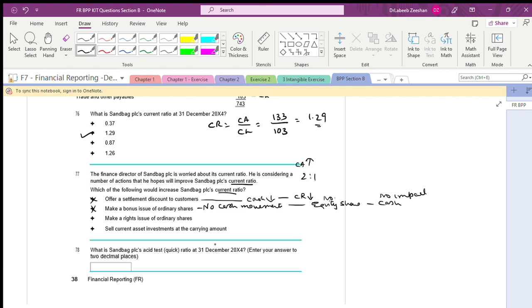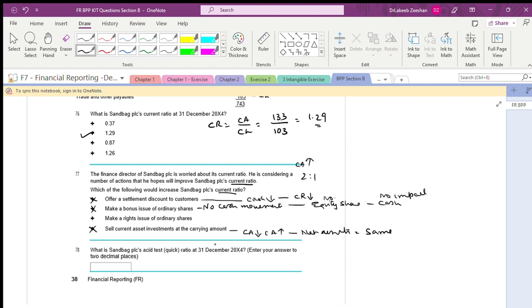Sell current assets investment at a carrying amount. You sell current assets. What will happen? The current ratio will remain the same. One asset will increase, another asset will decrease. The net result is going to be the same.